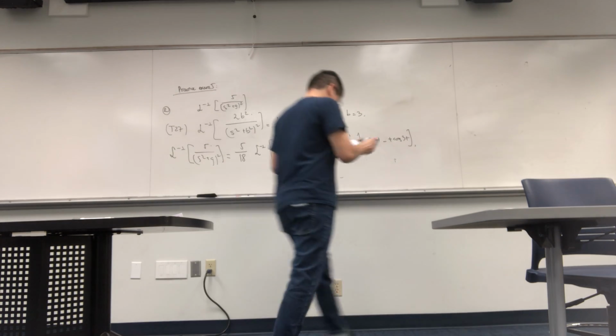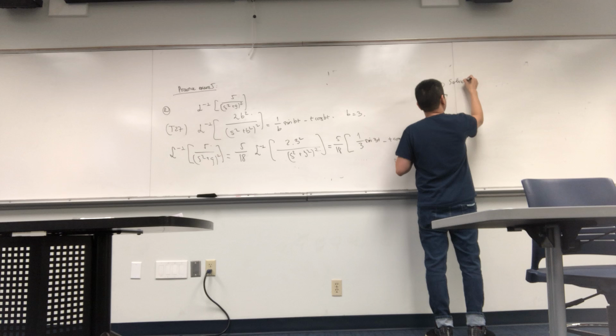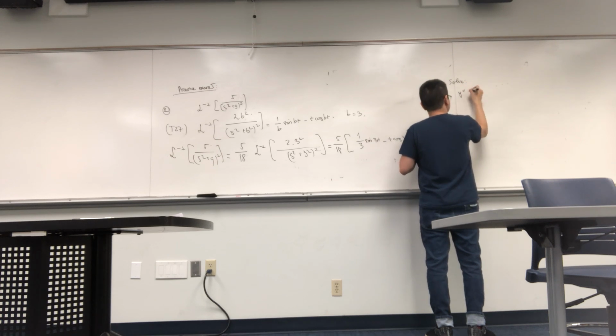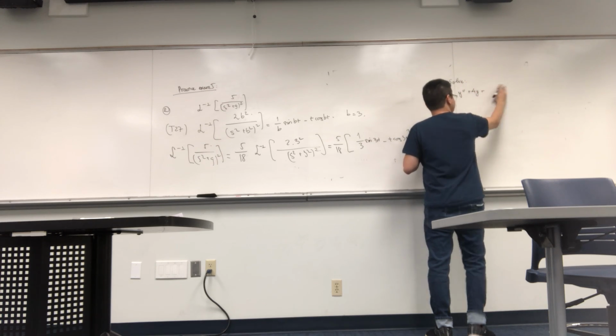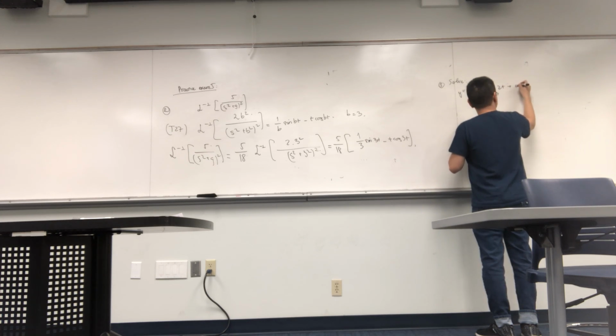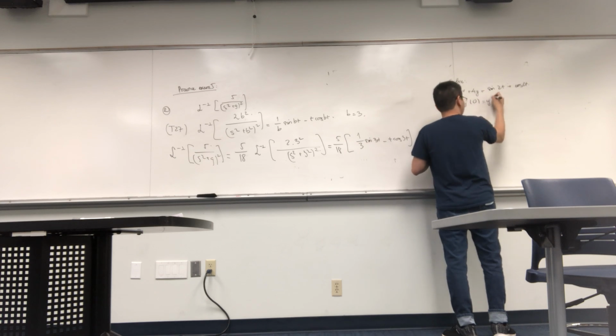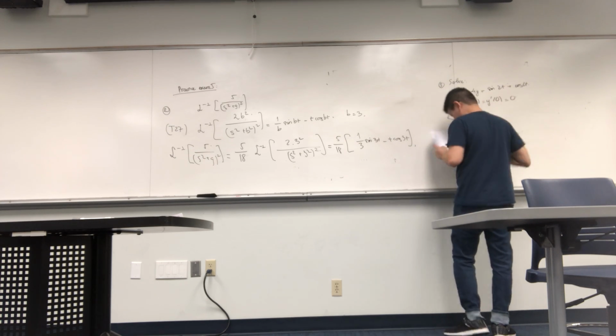Right, so question number 3. You need to solve y double prime plus 4y is equal to sine of 2t plus cosine of 2t, and y of 0 is 0, y prime of 0 is 0, right?